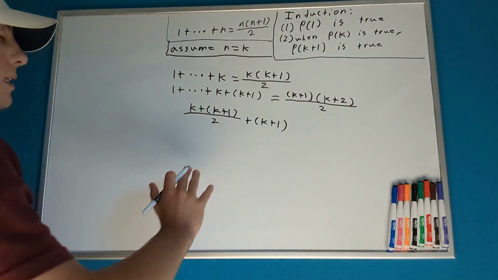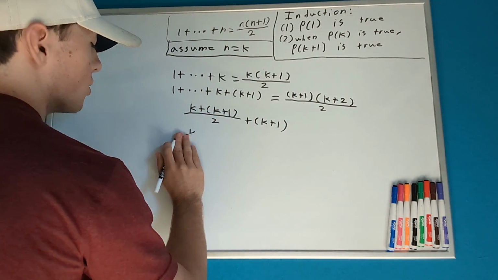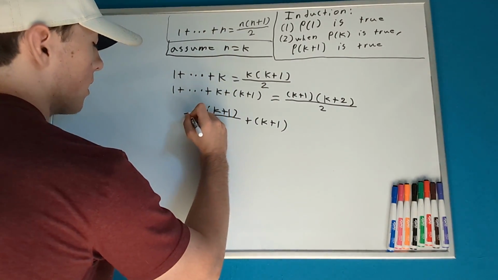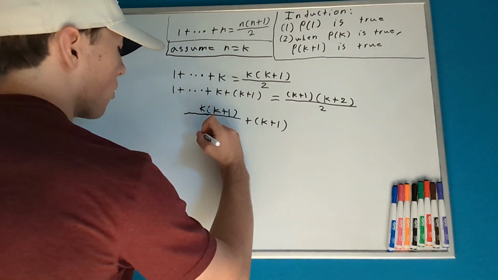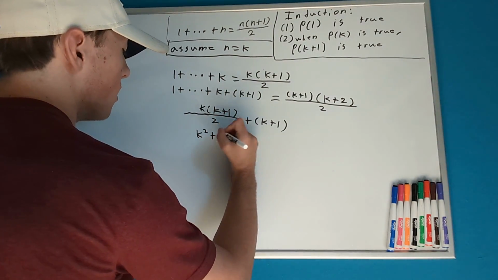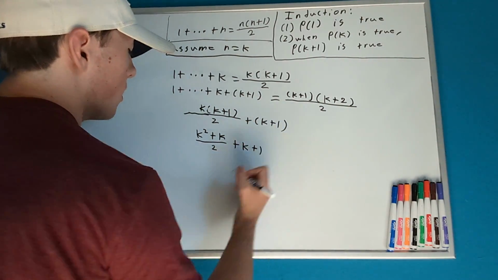And then what do we want to do? Well, this is not k plus, this is multiplication, k times, so we can change this whole thing to k squared plus k over 2 plus k plus 1.